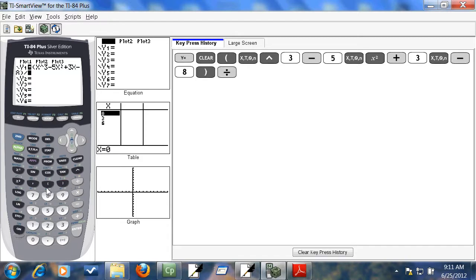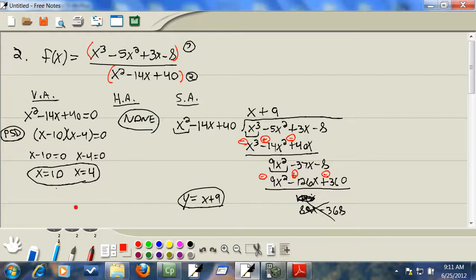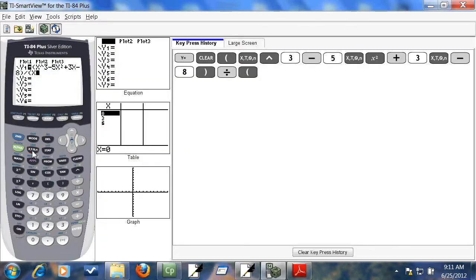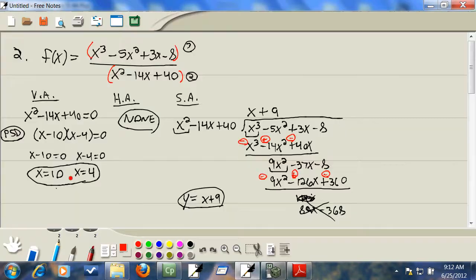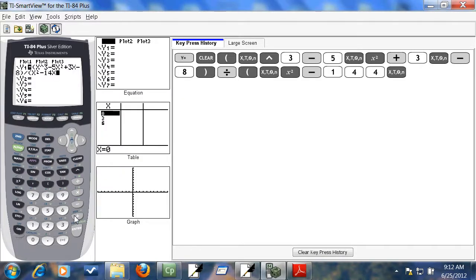Close parentheses, divided by beginning parentheses, x squared minus 14x plus 40, and close parentheses on it. Looks correct. Now push graph.